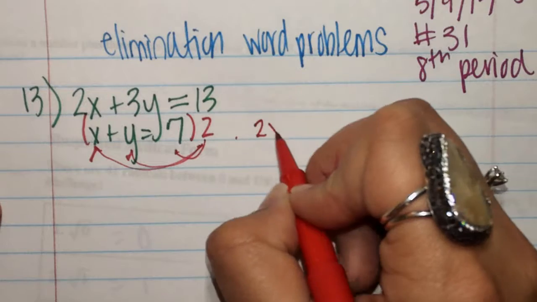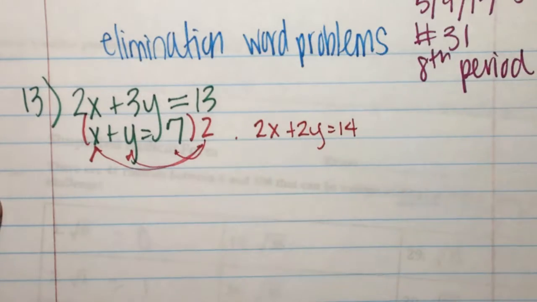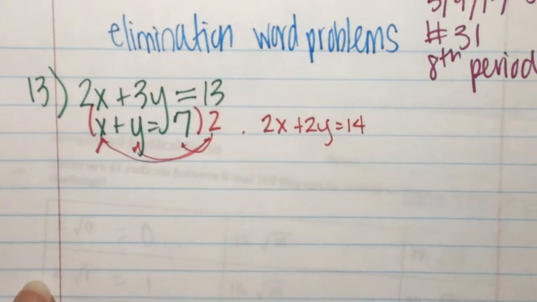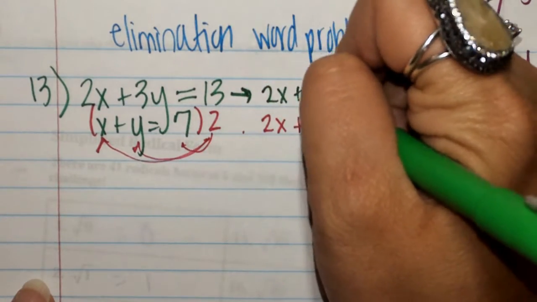So that's going to give us 2x plus 2y equals 14. Do we agree or disagree? Agree? And then what are we going to do with our top equation? Slide it over.